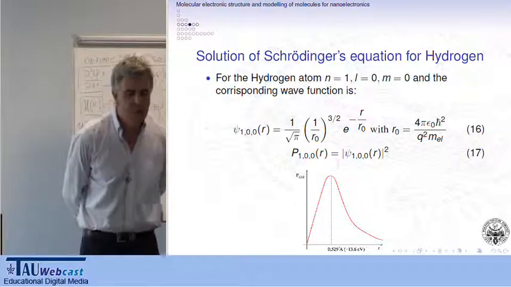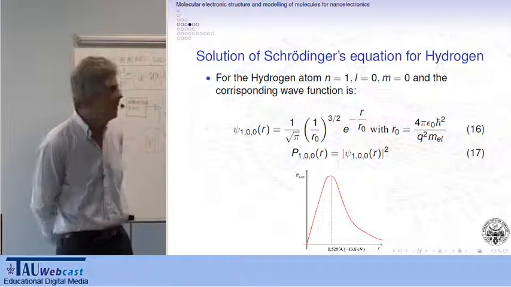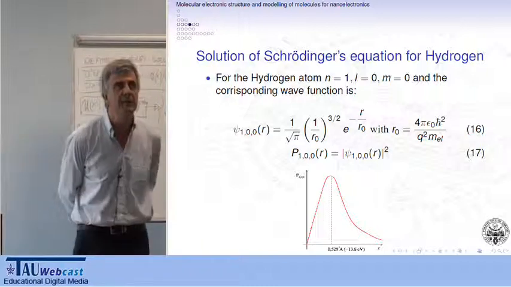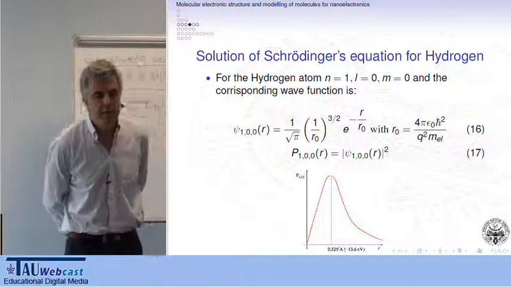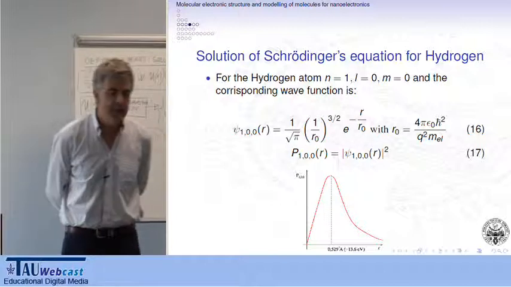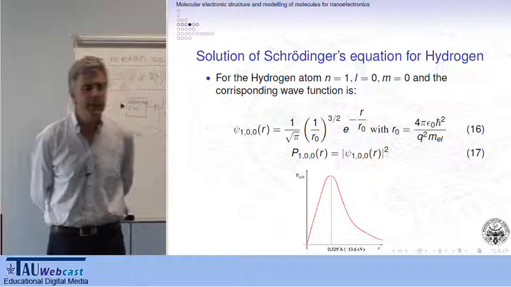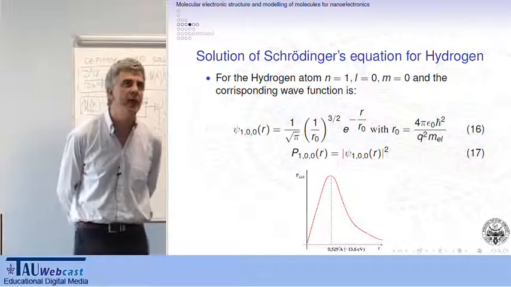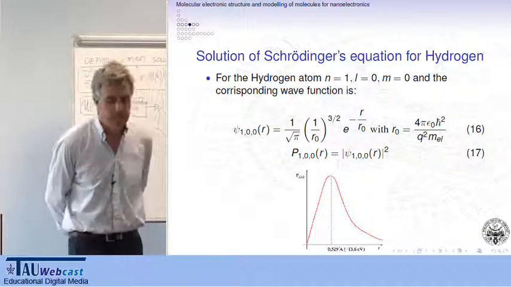This is a very simple procedure, but also effective, because the number that you find in this way is exactly the same that you can measure experimentally. This has been a very big success for quantum mechanics in the last century. And for us it is also a good starting point. That means that this function can be used to define the orbital for the hydrogen atom.